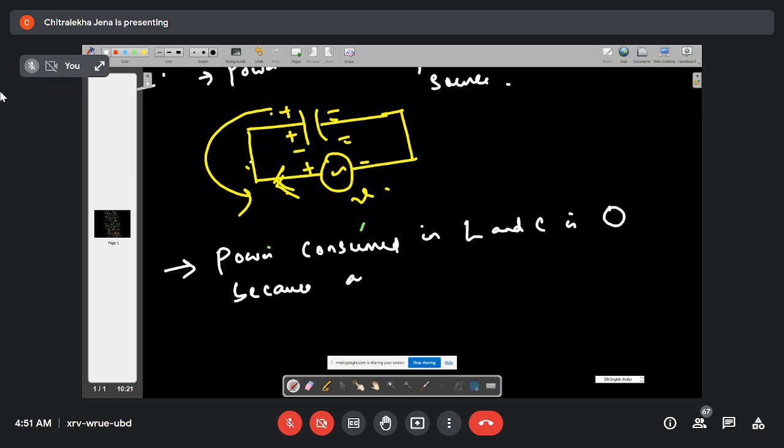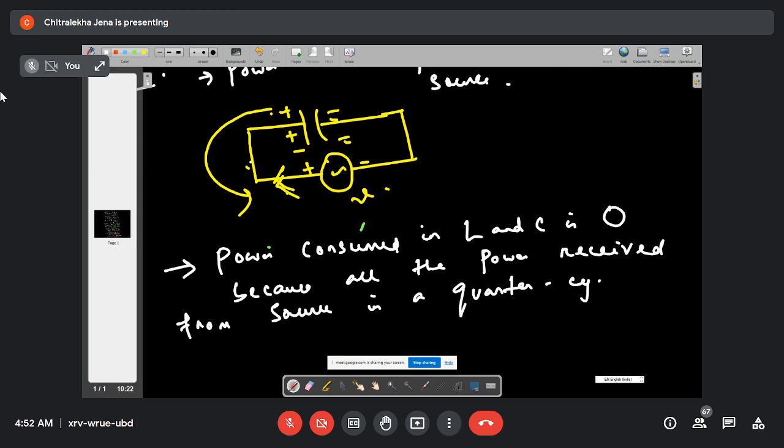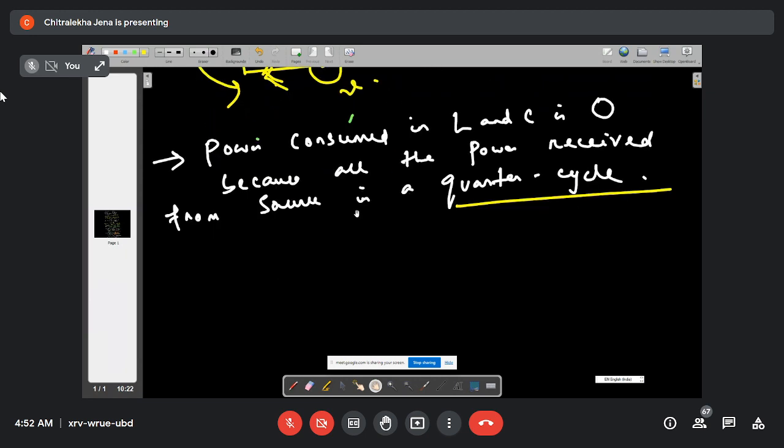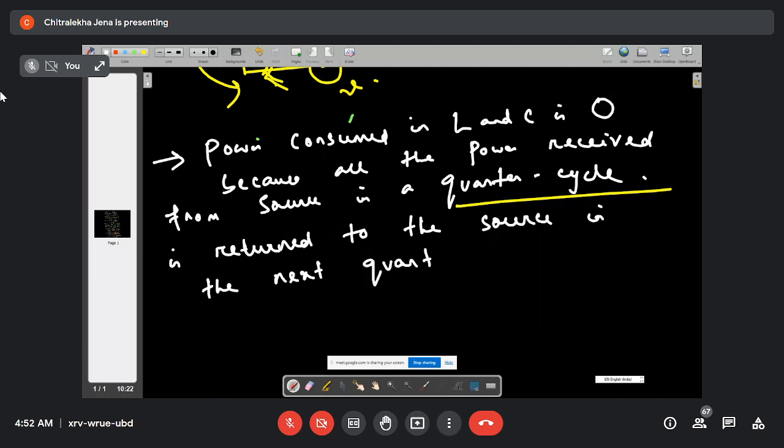Because all the power received from the source in a quarter cycle is returned to the source in the next quarter cycle. This point is very clear to all of you?